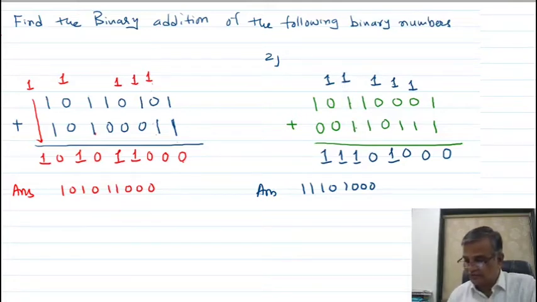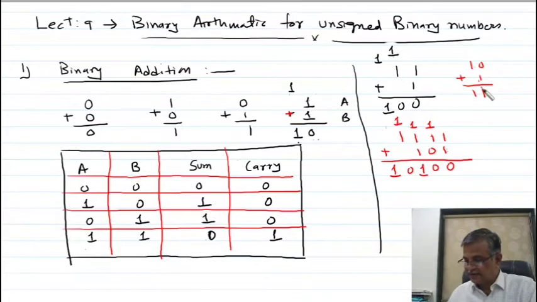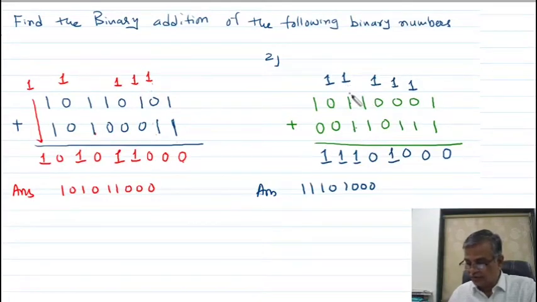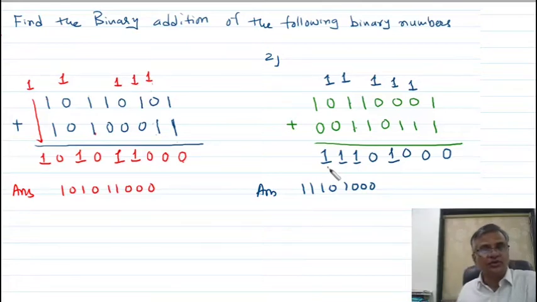From the 11, 1 is the sum and carry is 1. We have written like this. So in this way you can do the binary addition of unsigned binary numbers.